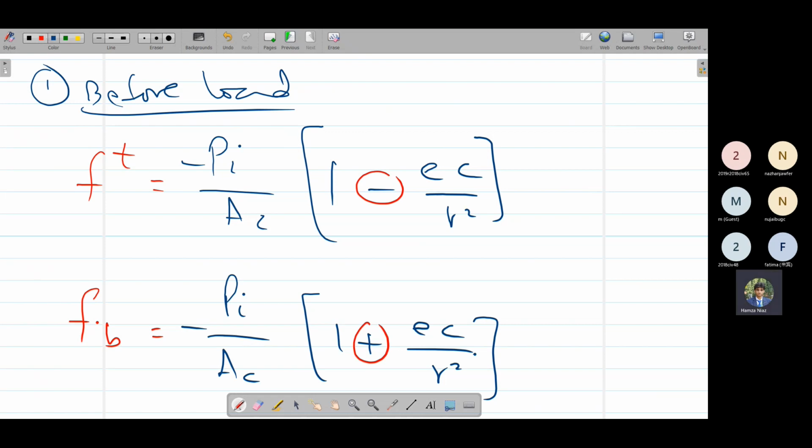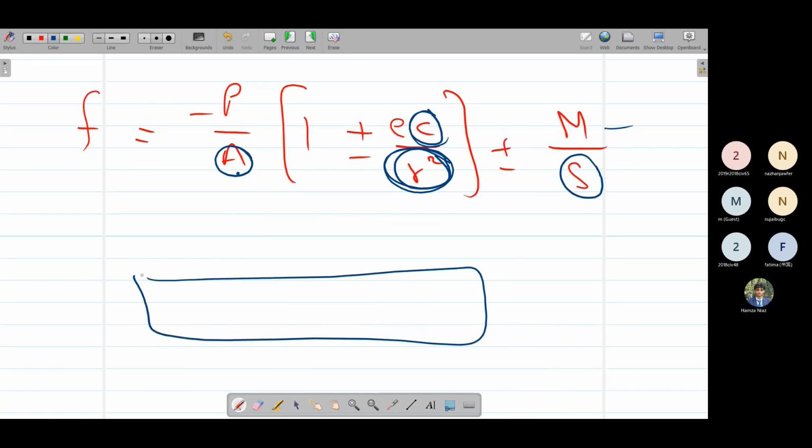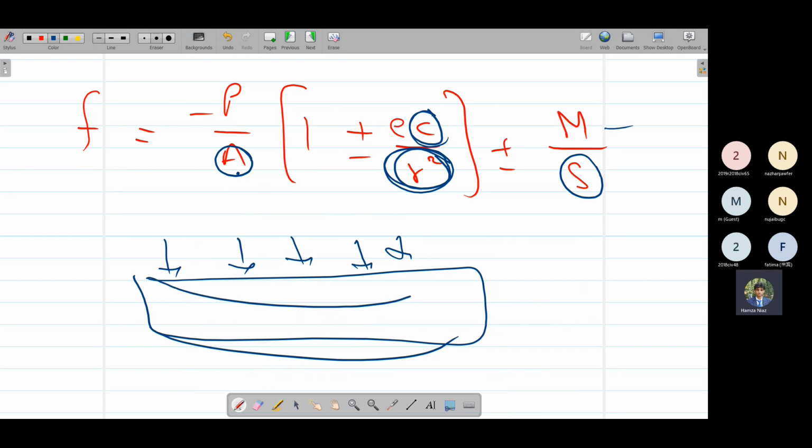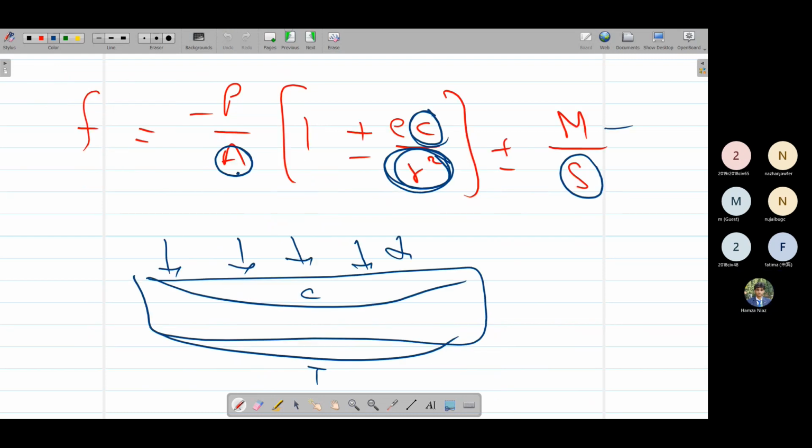And since the moment, for example this moment, if we apply some load on the beam, this moment will produce sag in the beam. For sag, there is tension at the bottom and compression at the top. We write compression as negative, so we'll write minus M over S. Why?